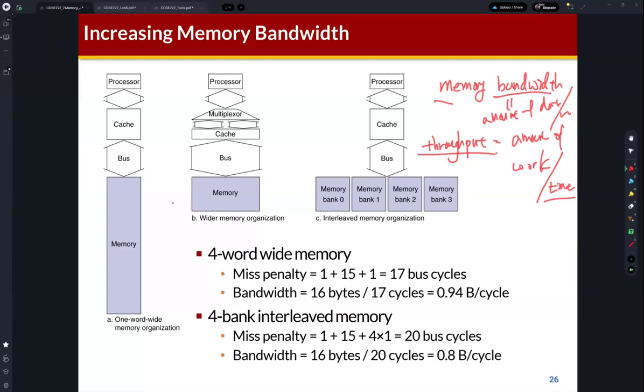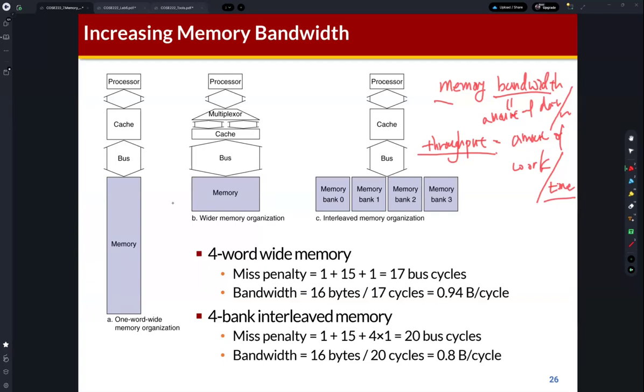Then how can we increase the bandwidth? The bandwidth is the amount of data transferred from the memory, right? Which means if the memory is fast, we can increase the bandwidth, obviously, right?